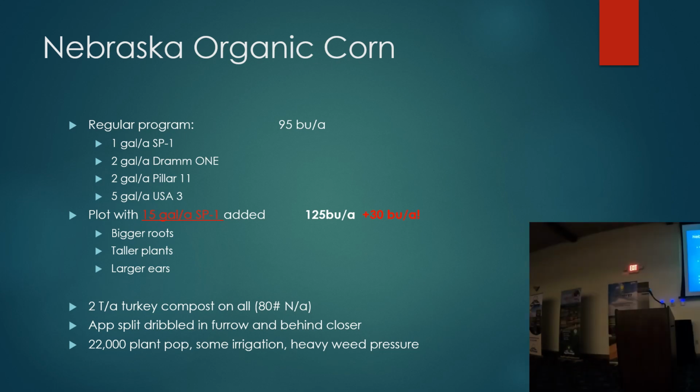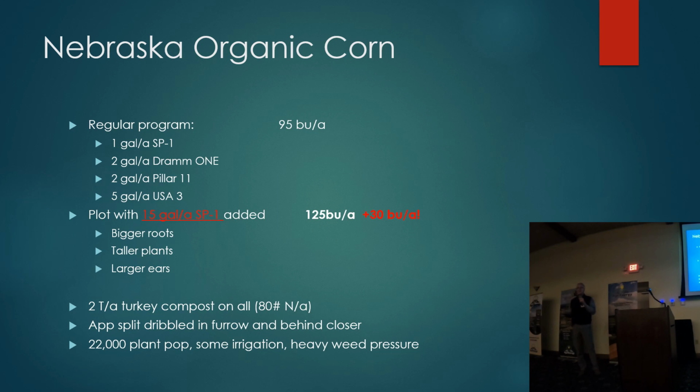This goes back a few years ago. We had a Nebraska grower that was putting on liquid with the planter, organic. He was using 1 gallon of SP1 in his regular program. Again, today that would be MVP. 2 gallons of Dram 1 fish that has extra nitrogen in it, 2 gallons of pillar, and 5 gallons of a 3% nitrogen.